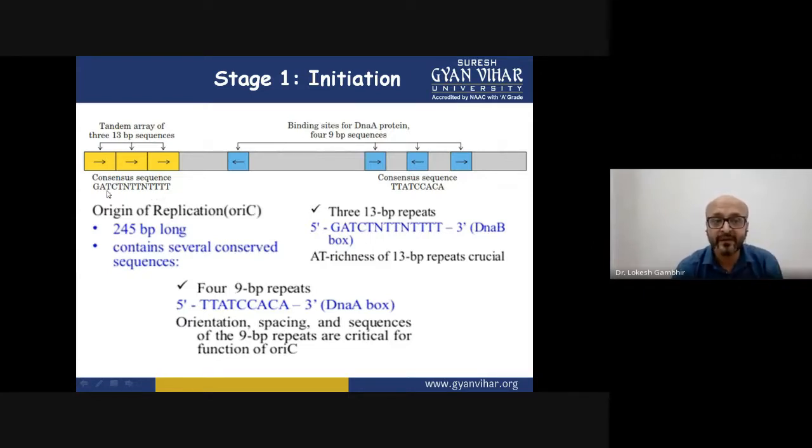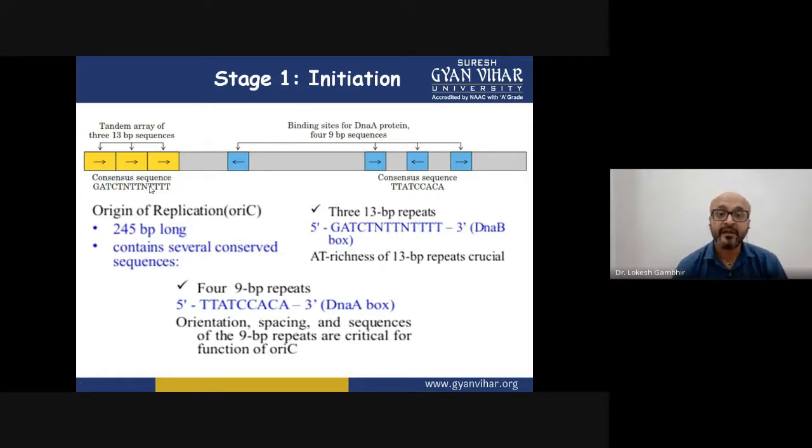Now the repeat sequence is made up of 13 base pairs, and the sequence is written here: GATC, TNT, TNT, and multiple repeats of T, contributing to 13 base pairs. That means one box length is 13 base pairs, and there are three repeats of 13 base pairs, making it a 39 nucleotide long sequence, which is constituted of tandem repeats of number 3.